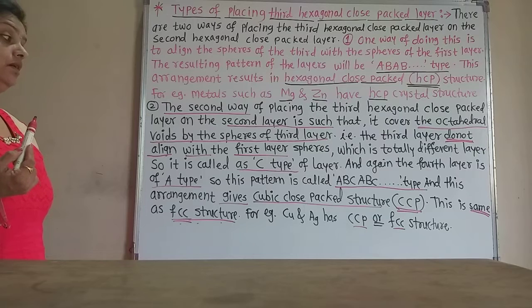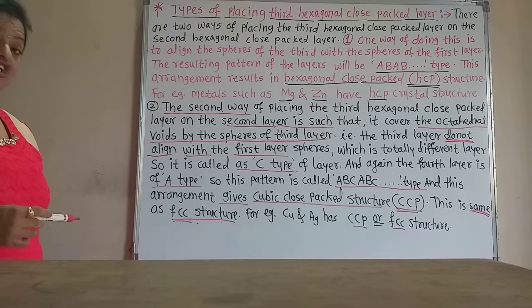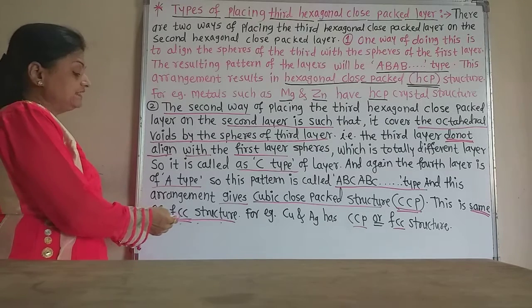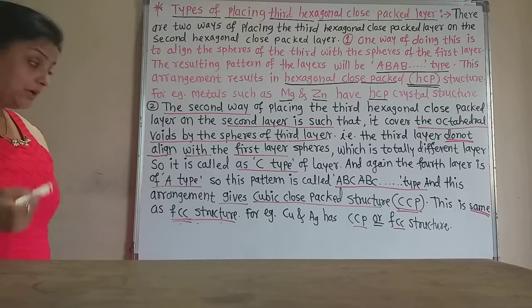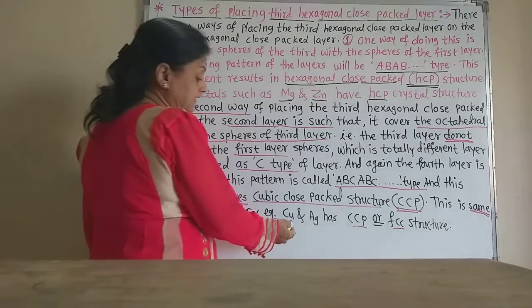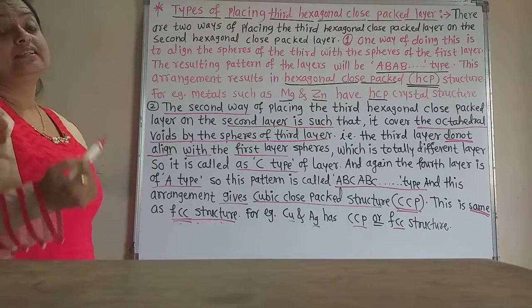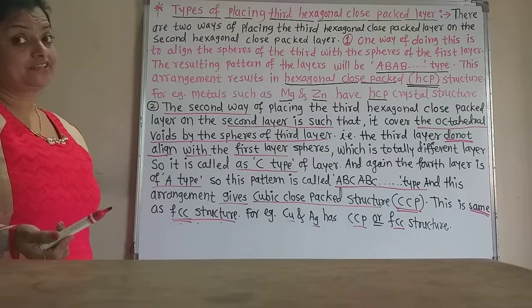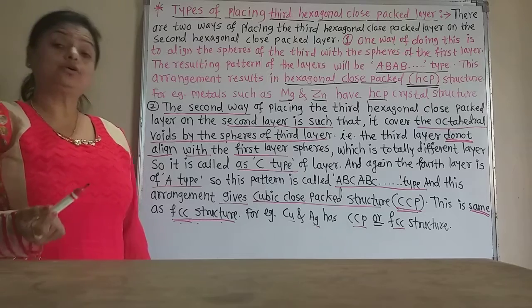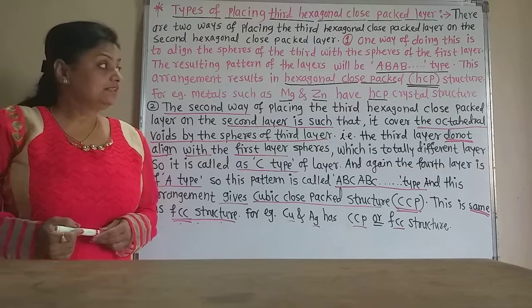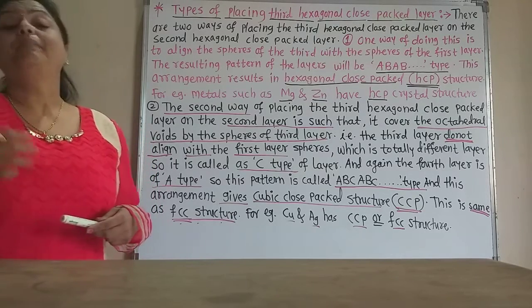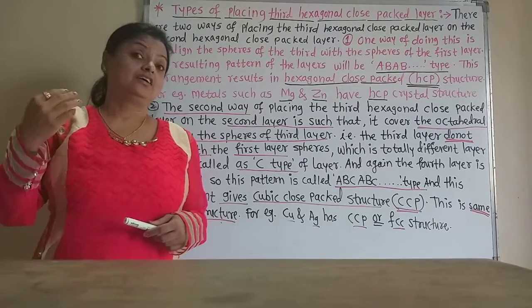For example, the metals copper and silver crystallize in this face centered cubic or cubic close packed structure.